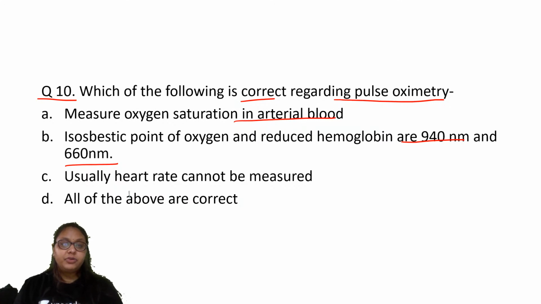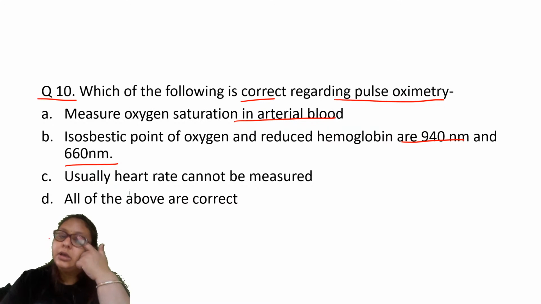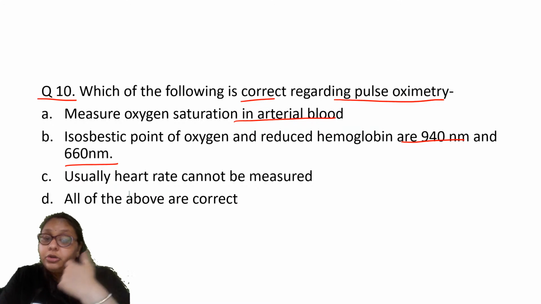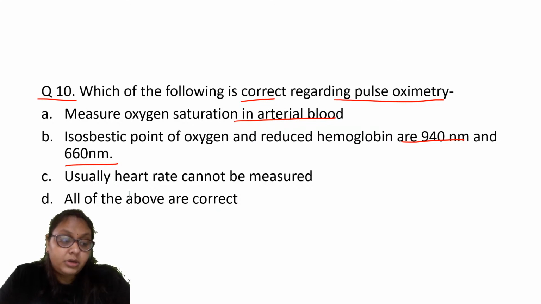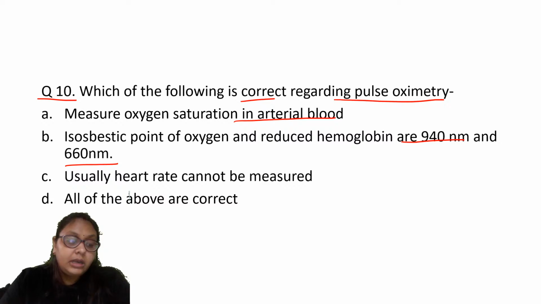This is the last question for today's session. Please answer. Pulse oximetry, I have discussed it in detail during the classes. So what is correct regarding pulse oximetry? Measures the oxygen saturation, isosbestic point of oxygen and reduced hemoglobin are this, usually heart rate is not. Dr. Kunal, what is the answer? Are you sure?